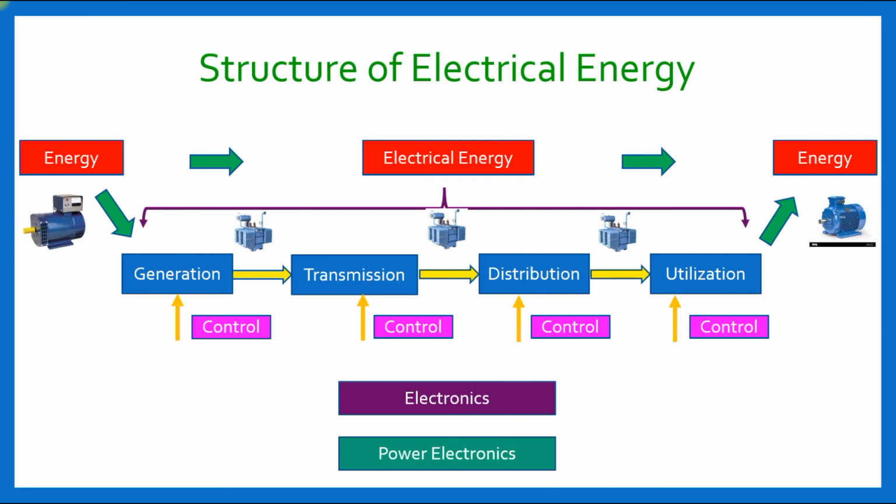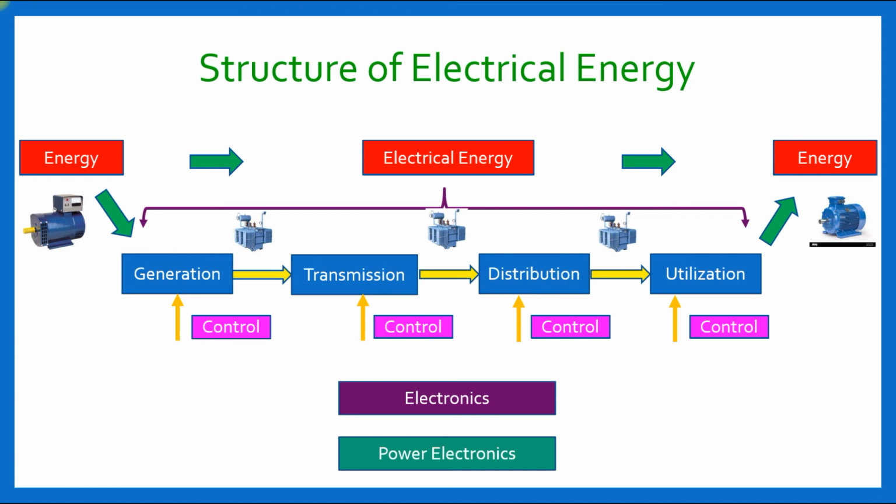So this is the basic structure of electrical energy, and nowadays some other things are also coming into the picture. They may be in the generation part, maybe in the utilization part. Understood? In the generation part, currently solar energy and wind energy are coming into the picture, and they come under generation only.